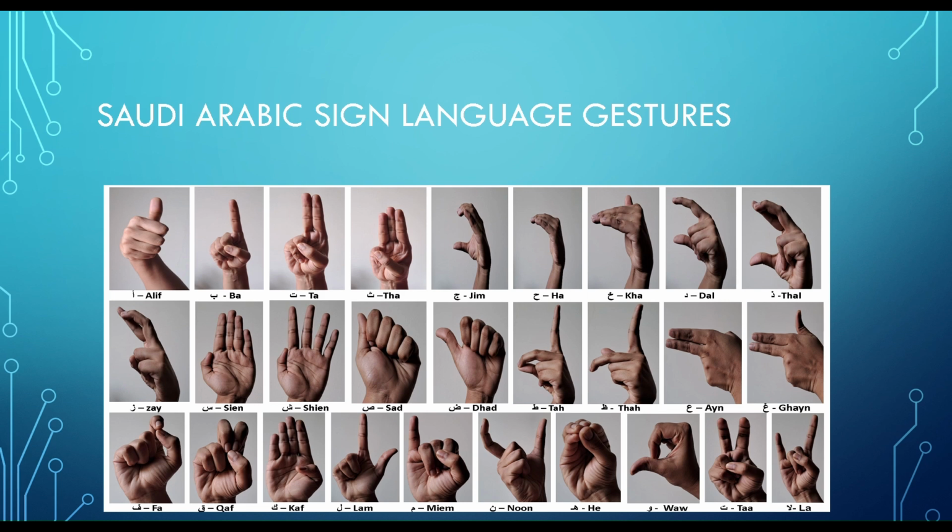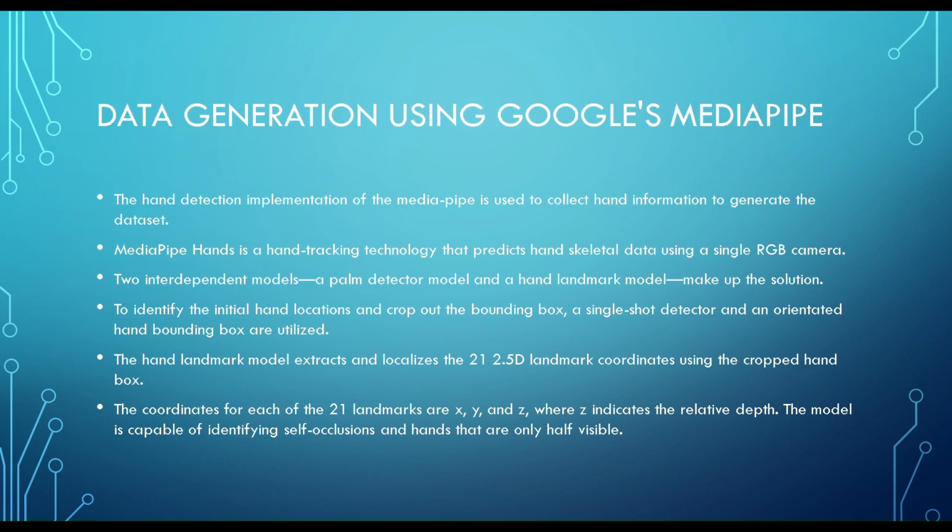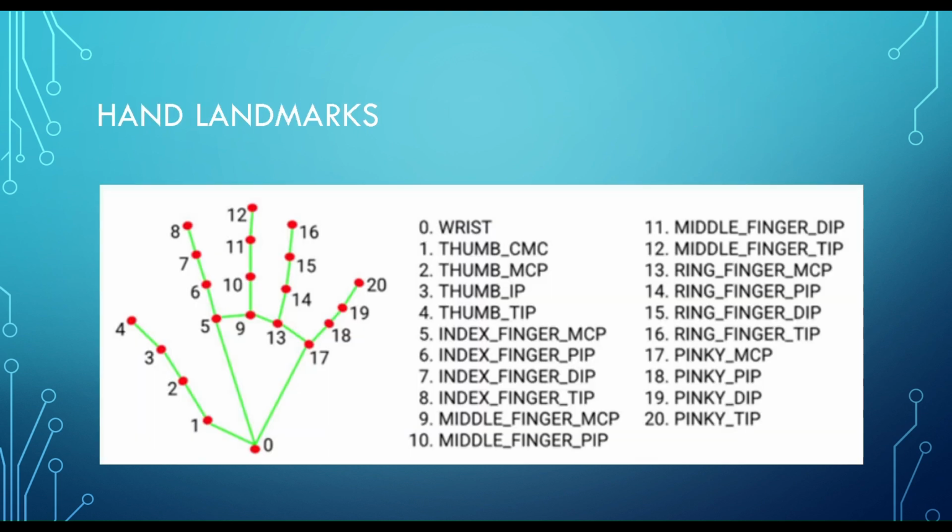For example, here we are just using the letters, but through the same pipeline we can develop a continuous SSL translator. In future, we can translate complete sentences to text and also audio. These are the numbers.